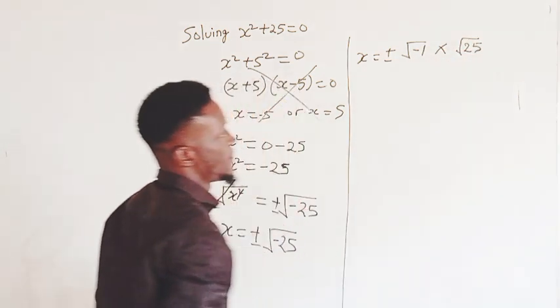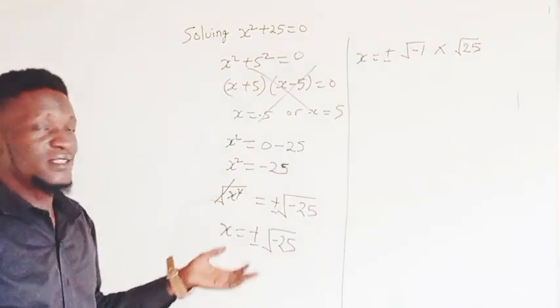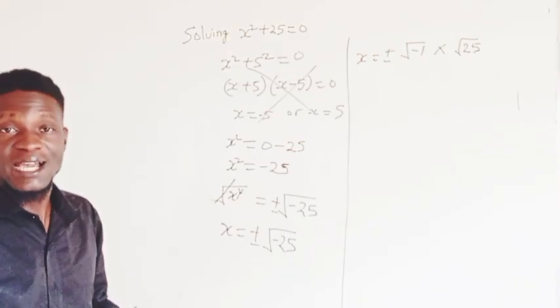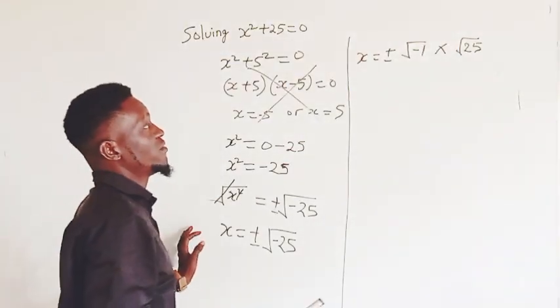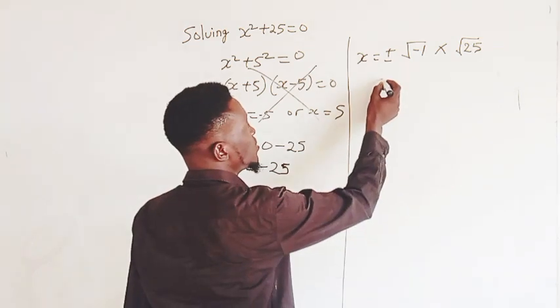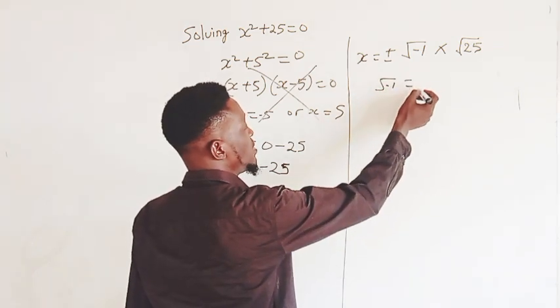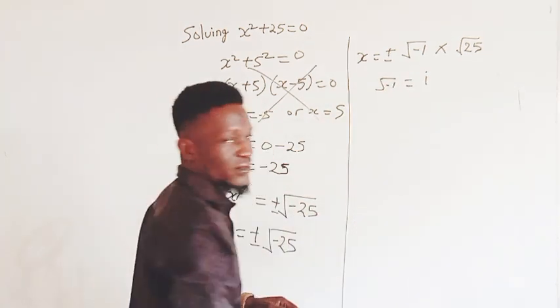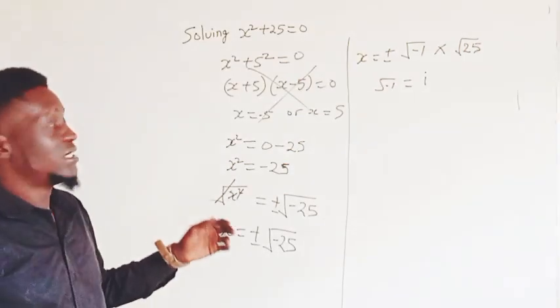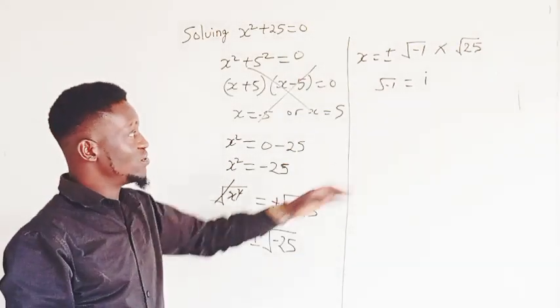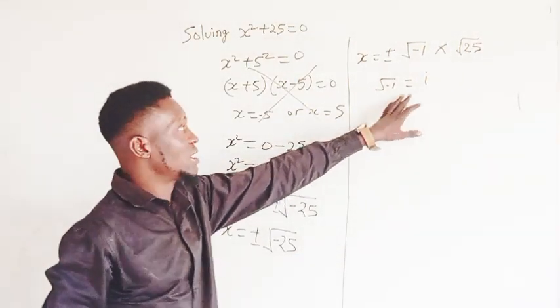In our complex number identity, whenever you have root minus 1, it is the same thing as writing i.